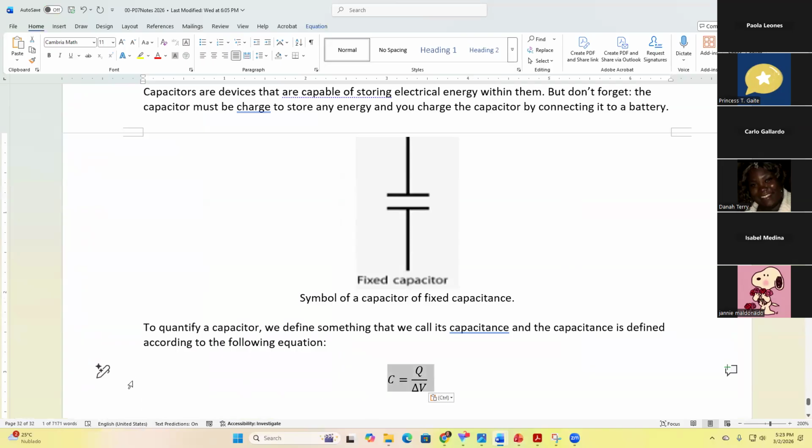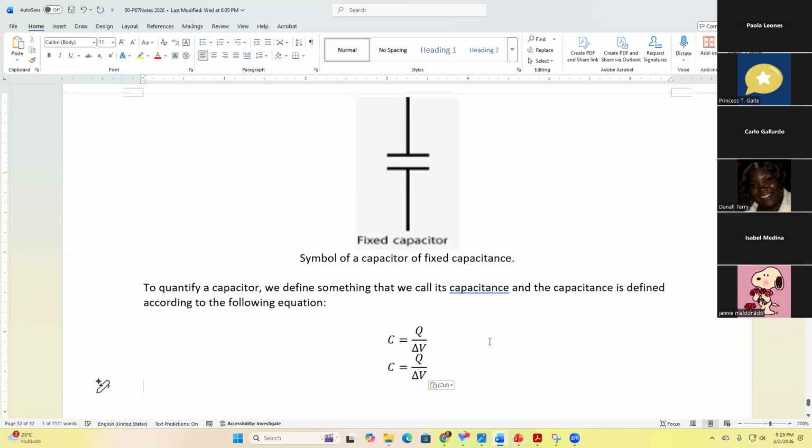The unit of the capacitance is the unit of the electric charge divided by the unit of the voltage, right?